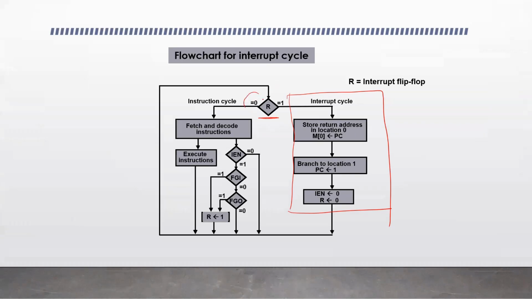When the condition is checked and R is found to be 0, it comes to the left side, and the instruction cycle is done. Depending on the value of R, either the instruction cycle or the interrupt cycle is executed.